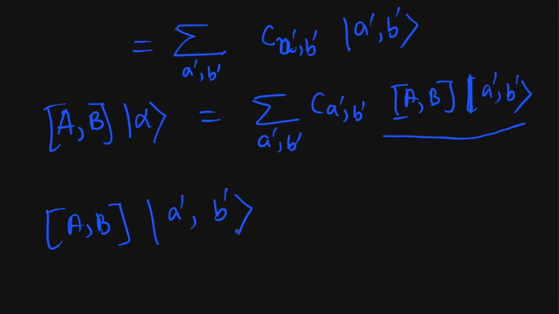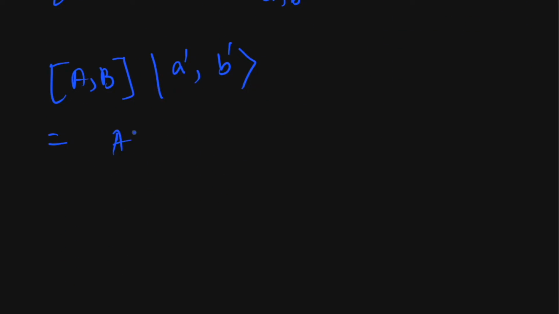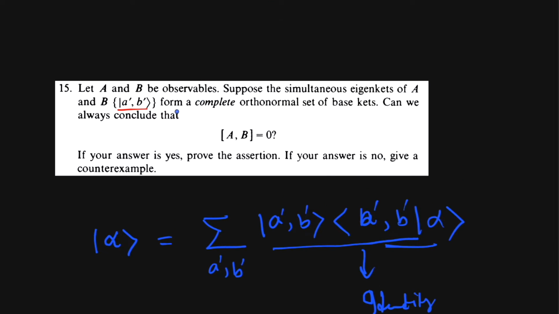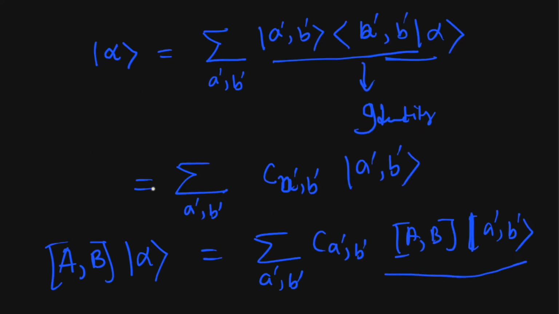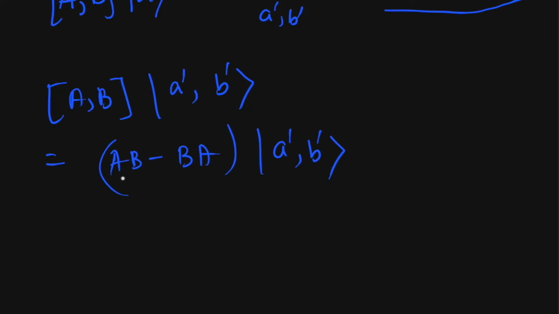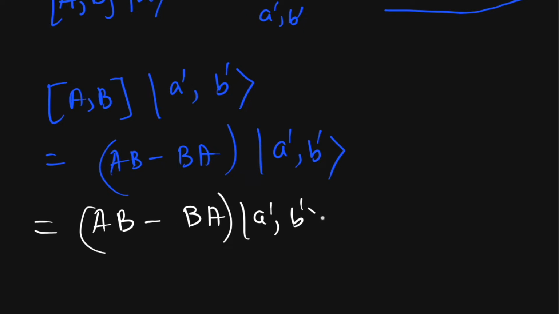[A, B] means AB minus BA operating on the ket |a', b'>. Since this is also a simultaneous eigenket of the A and B operators, as we have previously studied, if we operate this state with AB minus BA on |a', b'>, it means AB|a', b'> minus BA|a', b'>.